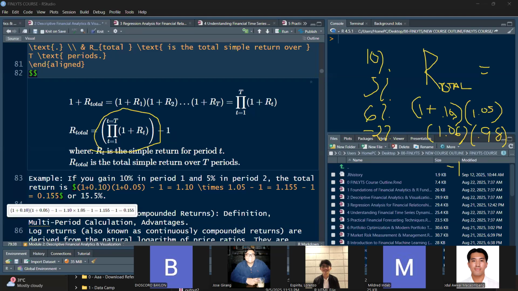Period 1 is 10%, period 2 is 5%, period 3 is 6%, period 4 is negative 2%. So what's the total return, class, for this multi-period? .98%, Kent. Okay, thank you. How about the others? Let's see. 98% returns. .199, Kent.